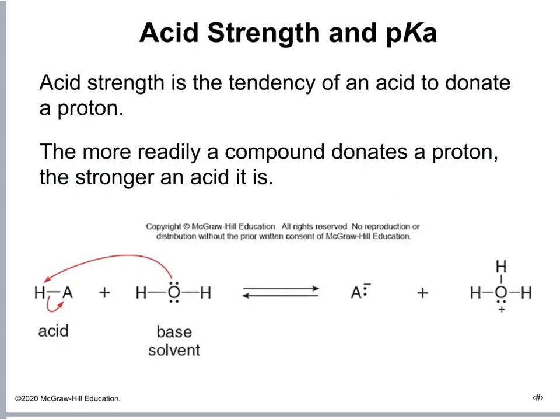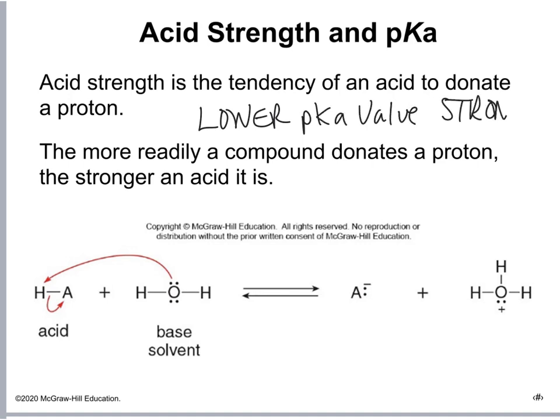So acid strength and pKa. I've told you the lower your pKa value, the stronger your acid. So you want to be able to assign pKa values to acids and conjugate acids. We do not assign them to bases.